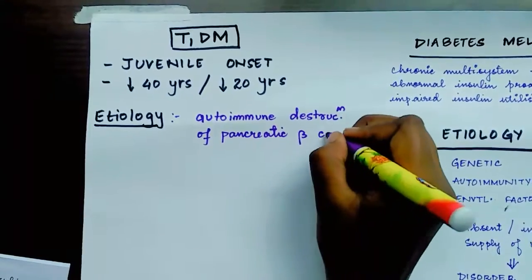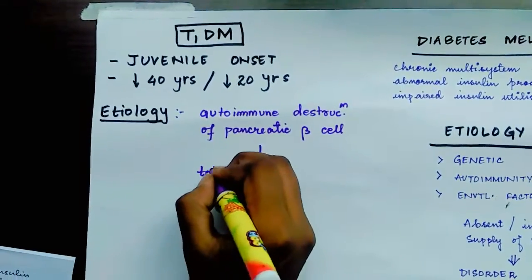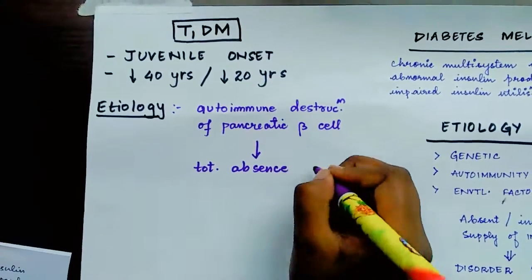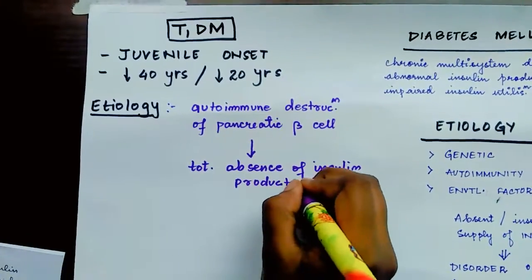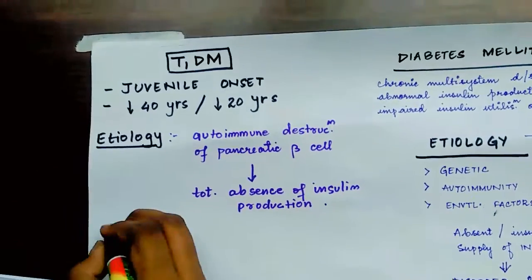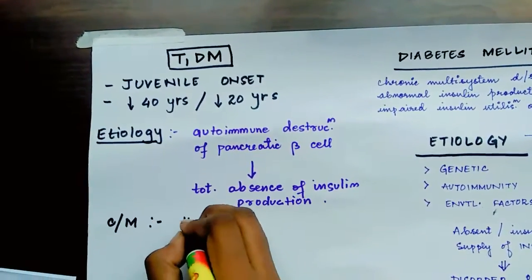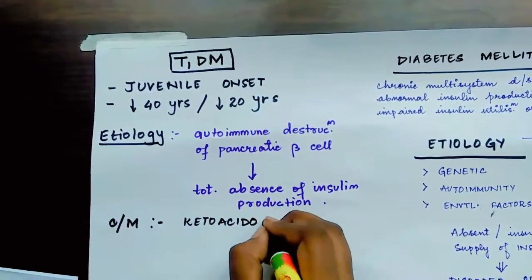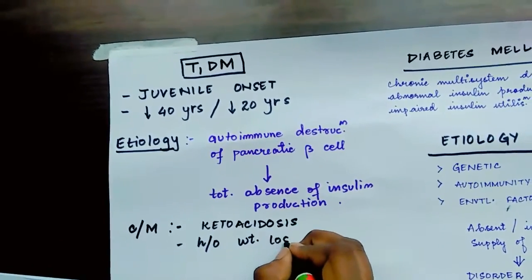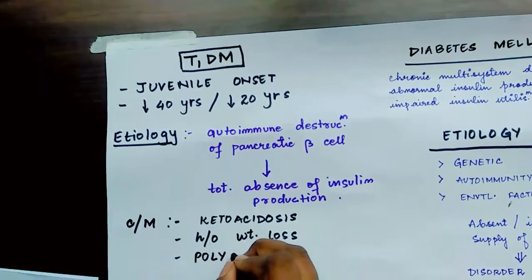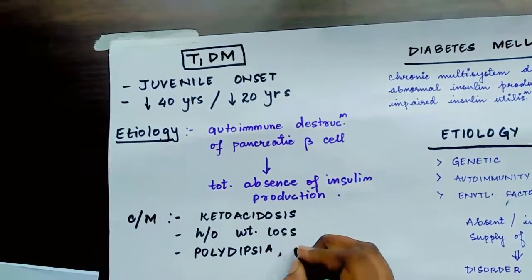This eventually results in a total absence of insulin production. Autoantibodies to the islet cells cause reduction of 80 to 90% of normal function before hyperglycemia and other manifestations occur. Manifestations include ketoacidosis, gradual or sudden weight loss, polydipsia, polyphagia, and polyuria.